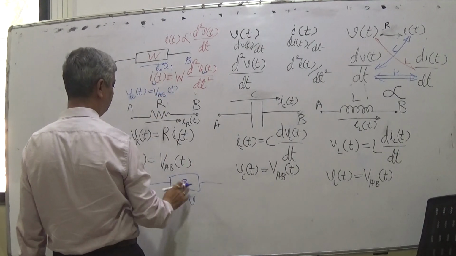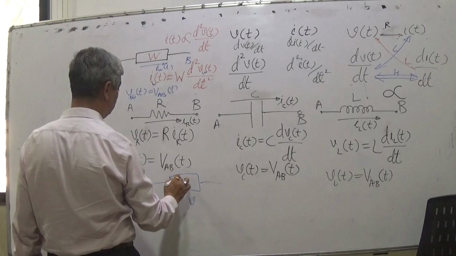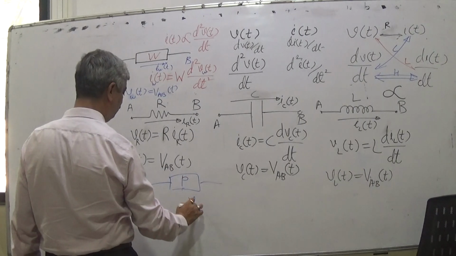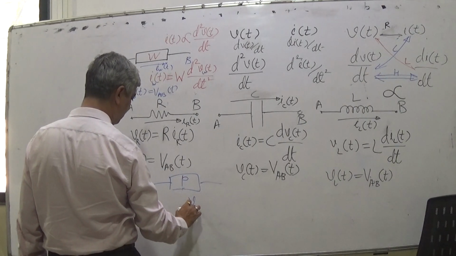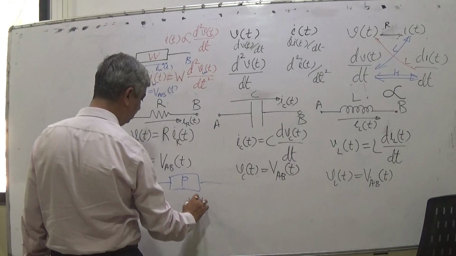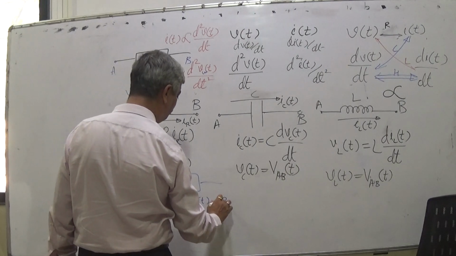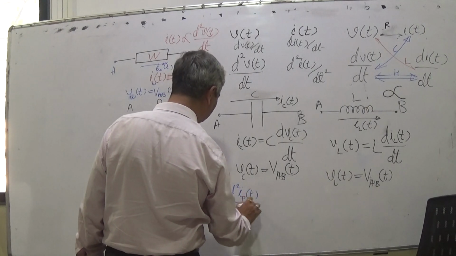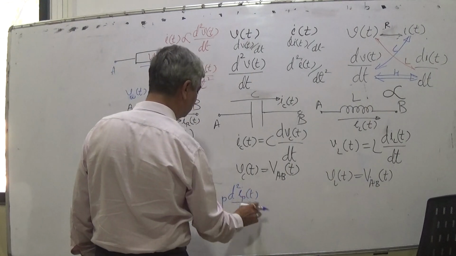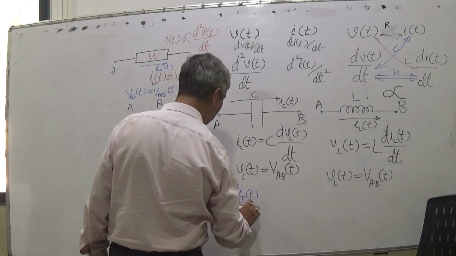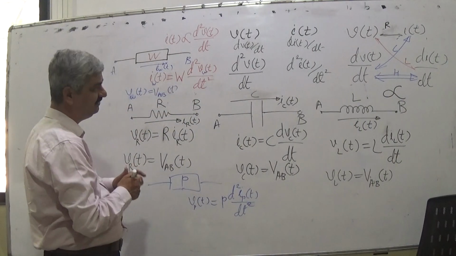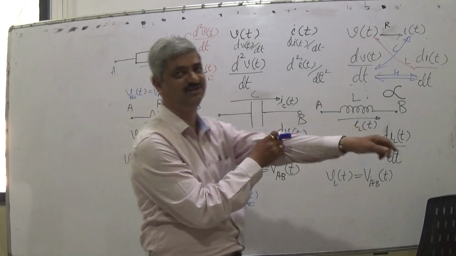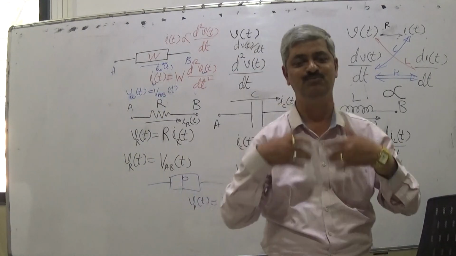Like that, we are using P. So here we may have vP(t) is equal to P d2iP(t) upon dt square. Such kind of devices you may think of. So there is enormous imaginative ability for you.